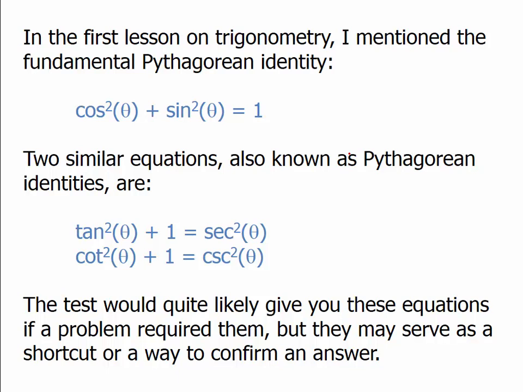Well, instead of dividing by c squared, we could divide all three terms by either a squared or b squared. And if you do that and then sub in from the ratios what the trig functions are, you'll produce these two Pythagorean identities. And so I strongly suggest do that on your own. Show in a couple different ways that you can come up with all these equations, because then you'll really understand them.